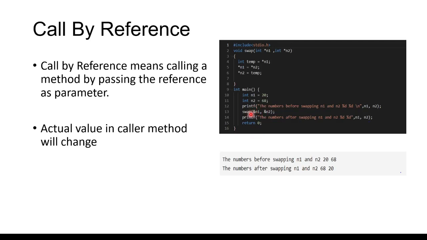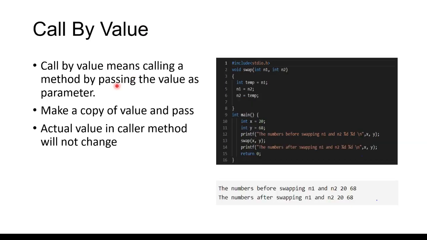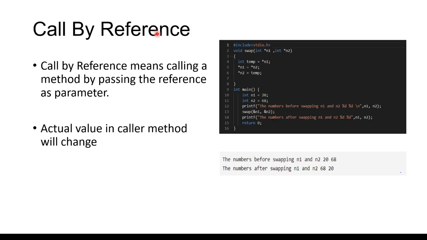So call by reference means that when calling a method we will pass the reference or address as a parameter. In call by value we pass the value directly as a parameter, but in call by reference we will pass the address or reference as a parameter, okay.